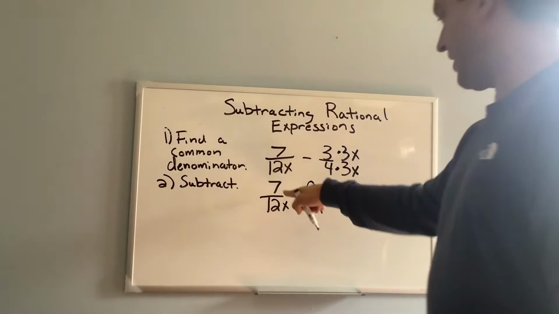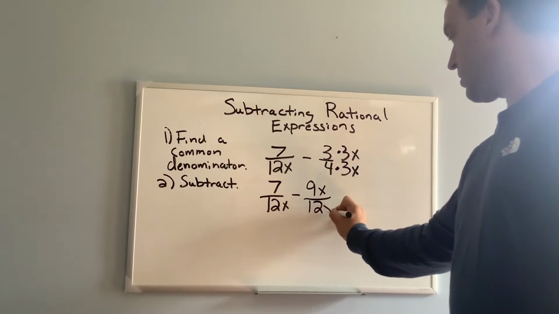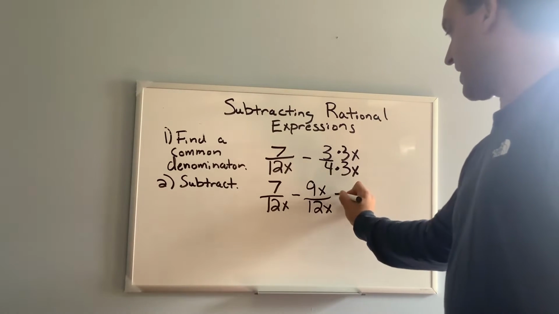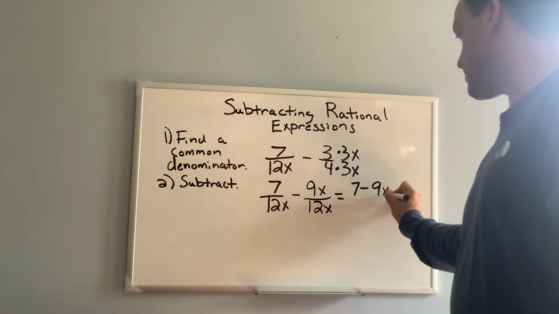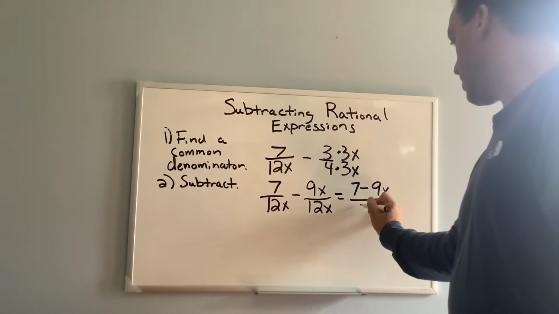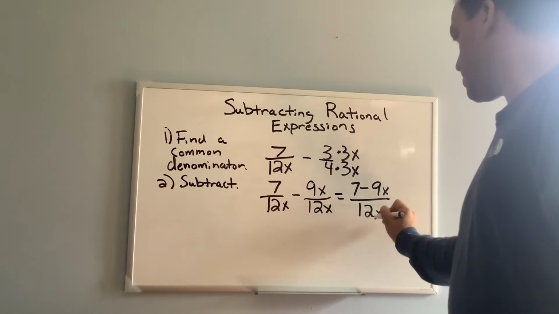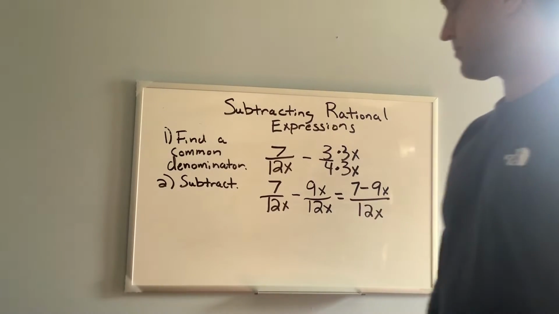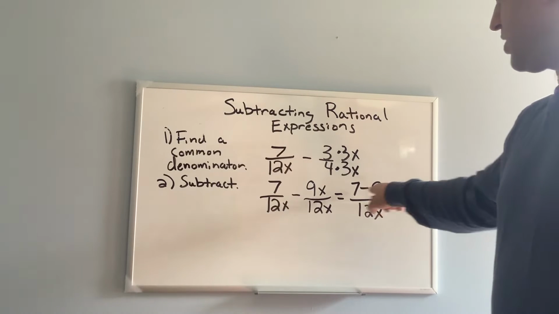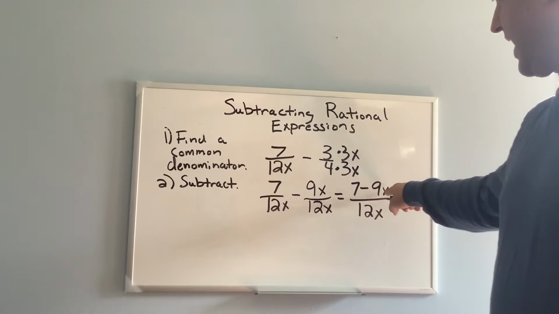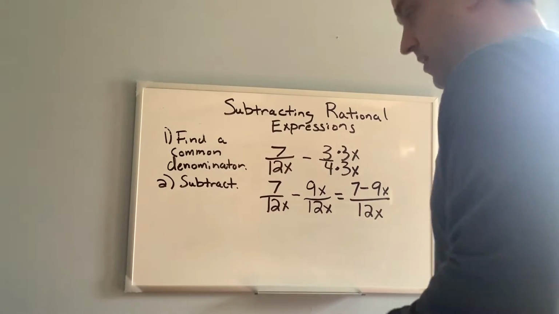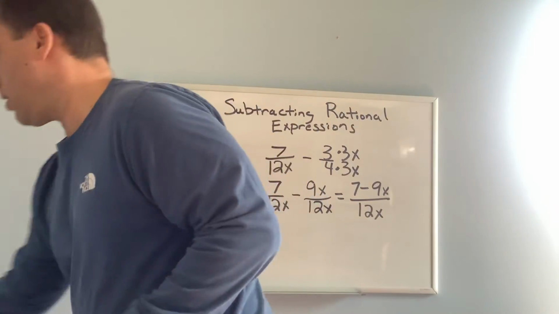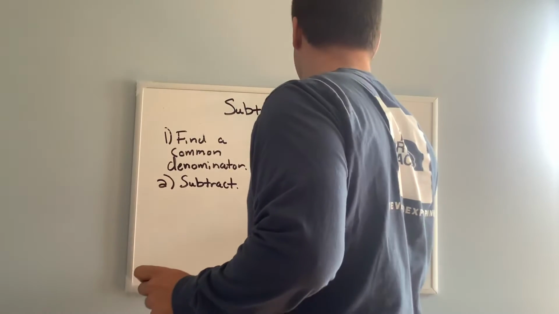And then in the numerator, 7 minus 9x, I can just write as 7 minus 9x, over 12x. Some of you might switch the order of that and write negative 9x plus 7. Either is okay here.